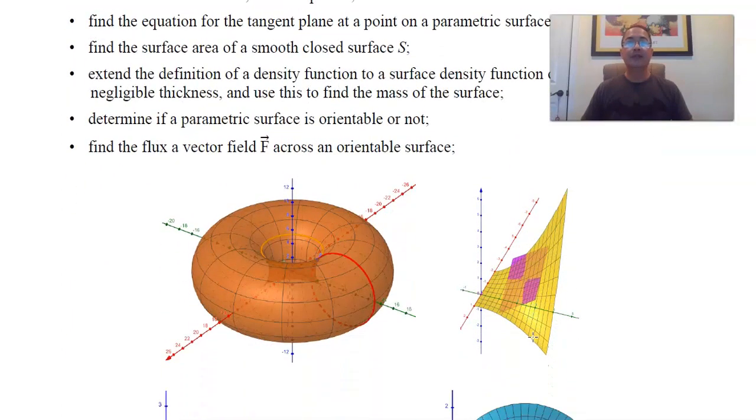And here are some pretty pictures that we are going to see in this chapter. So we're going to make a donut today, or something that looks like this. You take a circle and spin it around the z-axis, and that's called a torus, T-O-R-U-S. And here we have a tangent plane to a Cartesian surface.